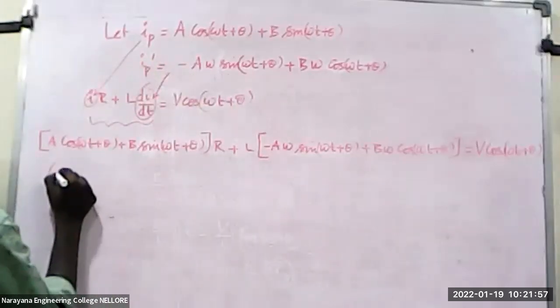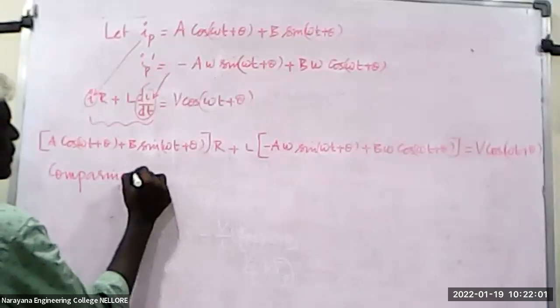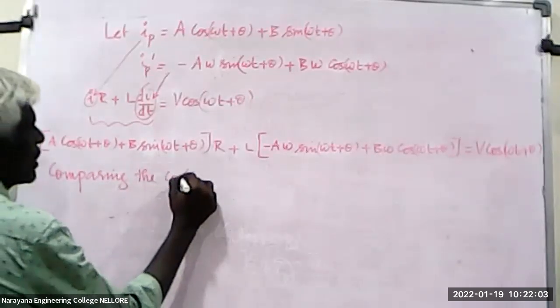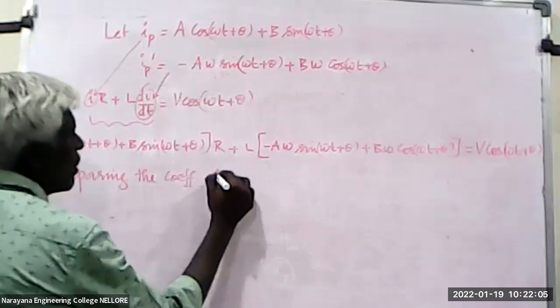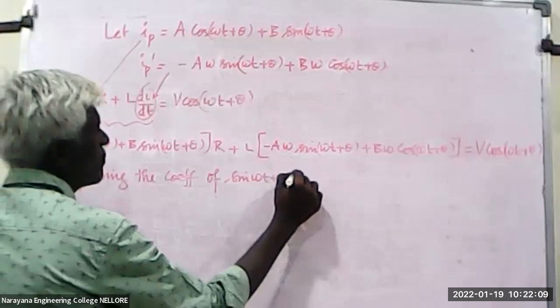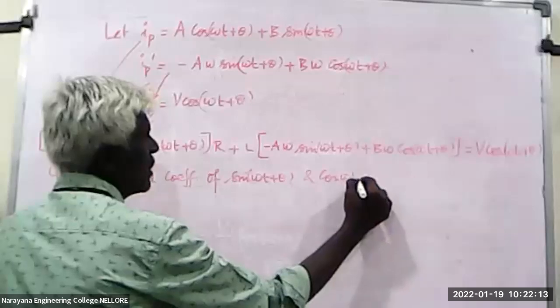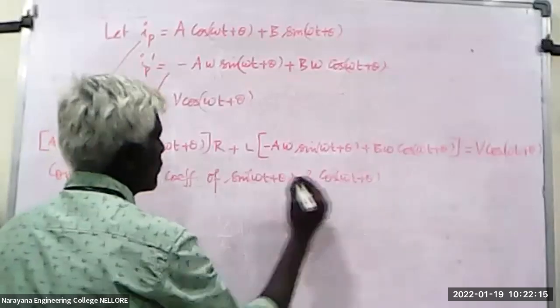What do we do? Comparing the coefficients of sin(ωt + θ) and cos(ωt + θ), we get.